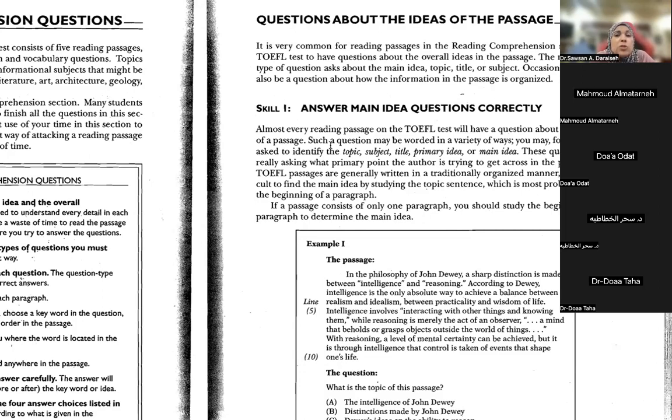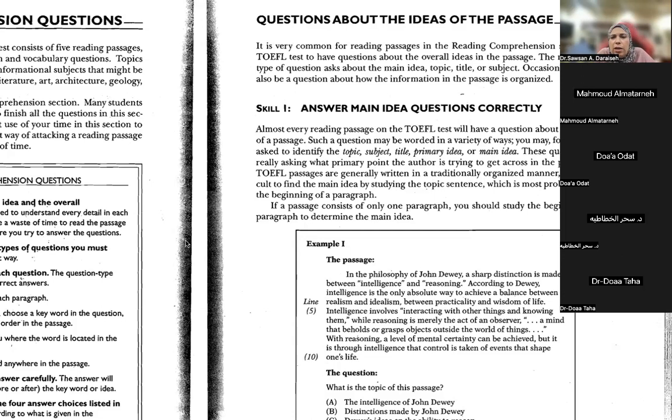Identify the topic, which means what is the main idea, or identify the subject, identify the title, identify the primary idea or main idea. For you guys, primary idea and main idea is not hard. You know what it means. But if someone asks you about the title or the subject or the topic, they are also about the main idea or the primary idea.